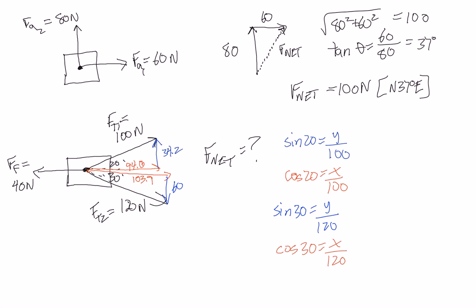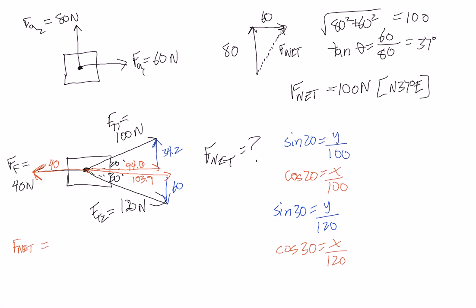And that's it. We've got our horizontals and verticals figured out, and then we've got our friction. We don't have to do anything with that one because it's already horizontal. It's backwards at 40. So we've got all of our vectors figured out. Now, just like we did in our last unit, we want to figure out our net force in both directions.